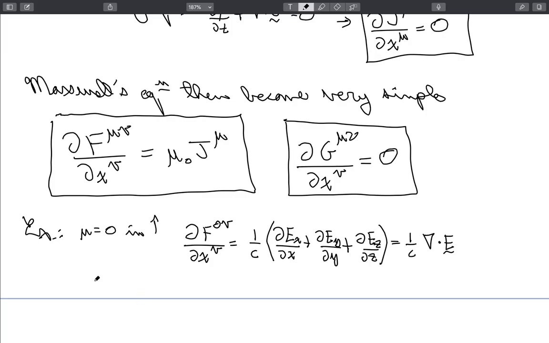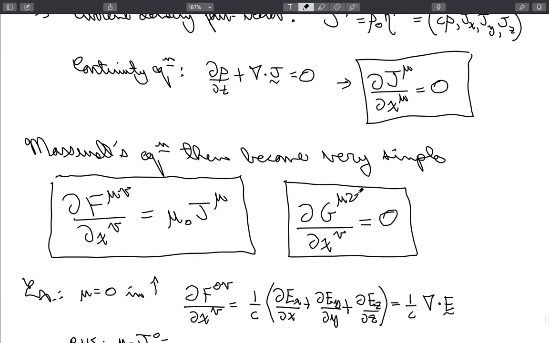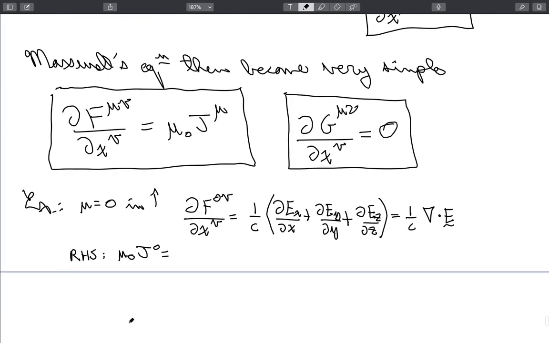So on the right-hand side, I get μ0 times J^0, but J^0, we've just defined it, it's c times ρ. So what I get is that this is μ0 c ρ, but since μ0 ε0 is equal to 1 over c squared, that means that really μ0 J^0 is equal to ρ over ε0.